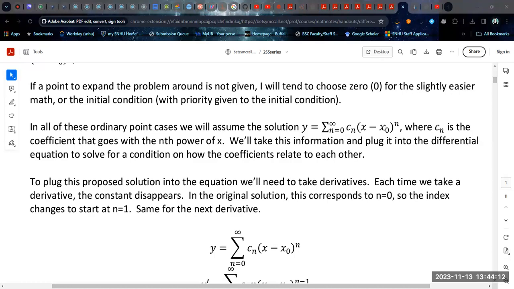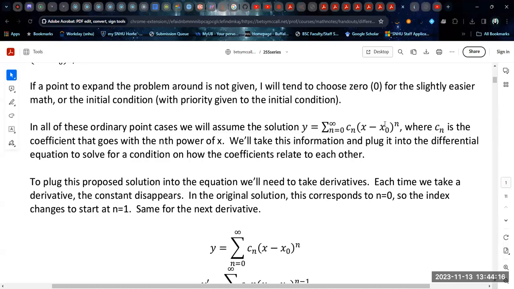For a lot of our examples, we're going to be centering it at 0, but you don't have to center it at 0. This process will work if you're trying to center your solution at some other point. But this is going to be the general form of our solution. It's going to take the form of a power series.